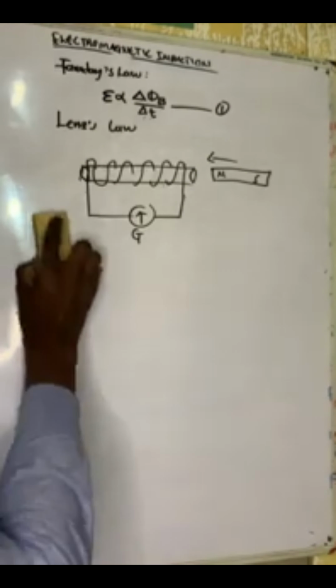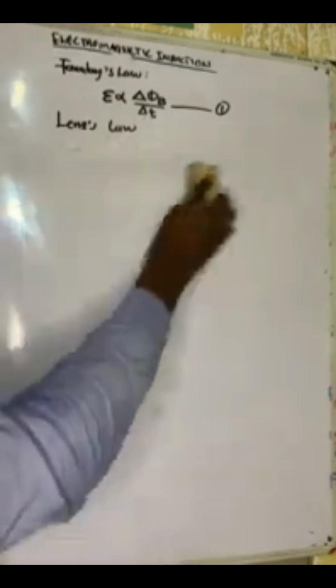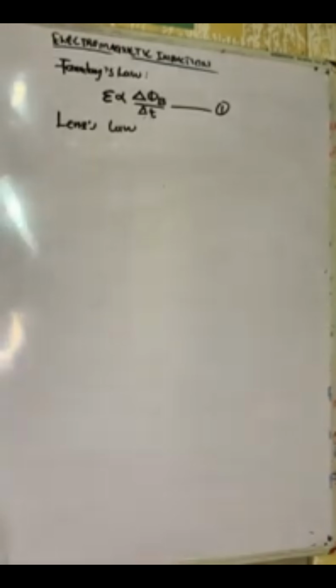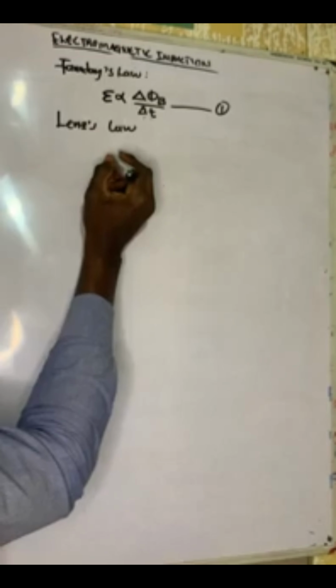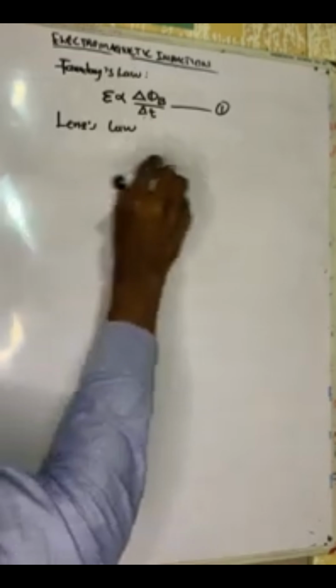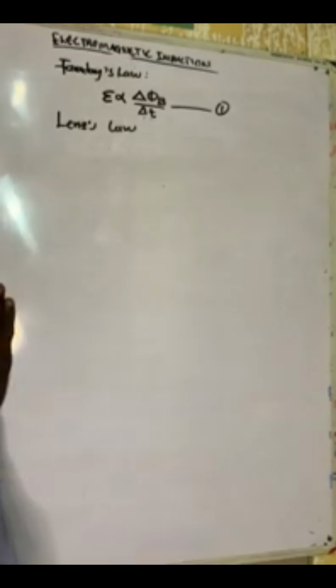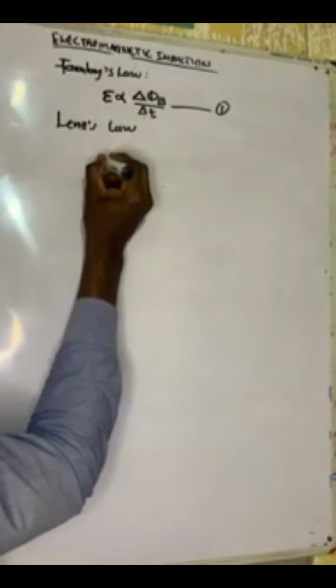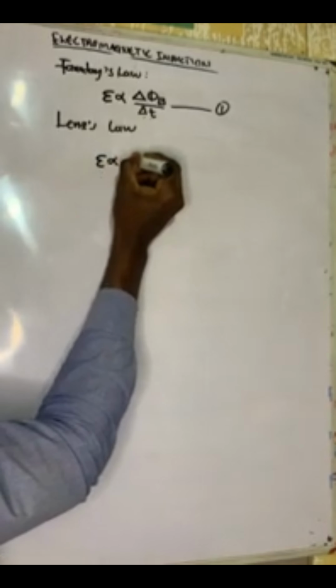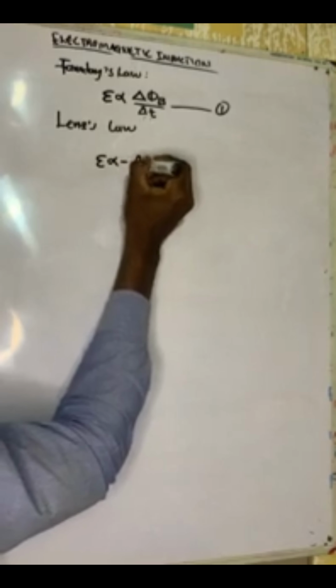And so Lenz's law indicated a negative sign that gives an indication that the direction of flow of the induced current is towards the opposite side of the rate of change of magnetic flux. So Lenz's law came to obey Faraday's law and gave it a negative value.